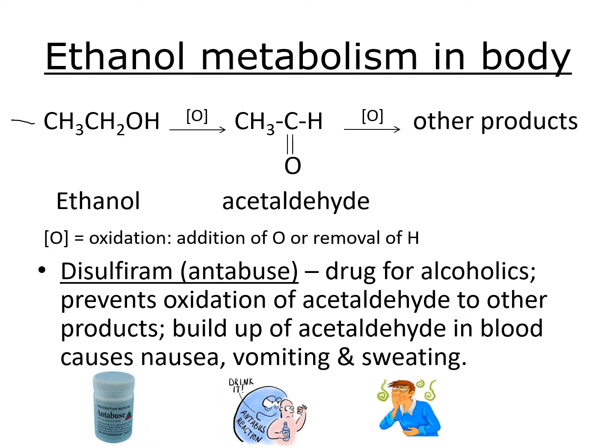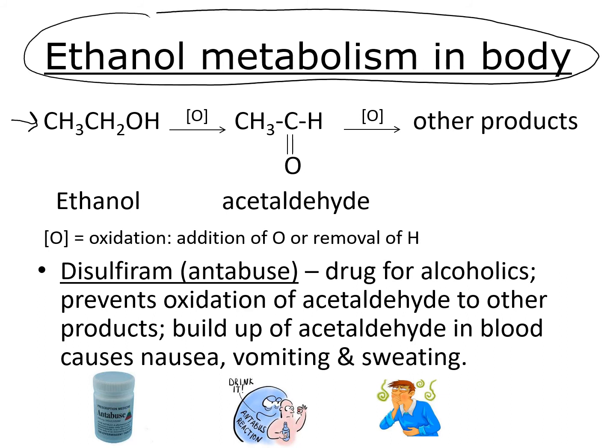This reaction shows how ethanol is metabolized in our body. So if you drink alcohol, how does it get out of your system is what we're looking at. We're starting with ethanol. Ethanol reacts with an oxidizing agent, which could be oxygen or other types of oxidizing agents in your body. And this undergoes oxidation, which means the addition of oxygen to a compound or the removal of hydrogen from a compound.